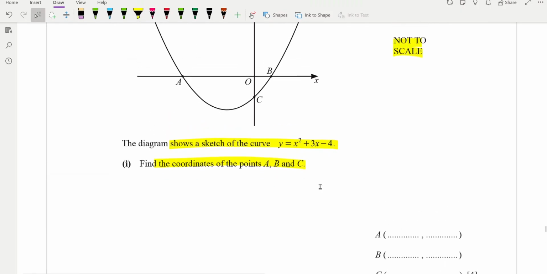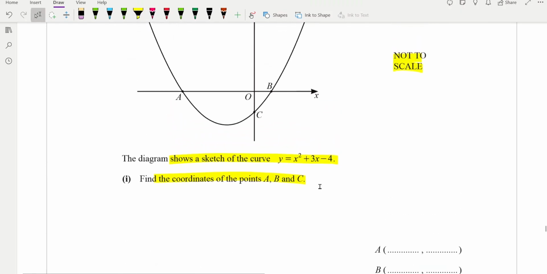So for finding coordinates, first of all for the C part we will replace x is equal to 0. For this C part, we know on the y-axis the x value is 0. So in the given equation, which is y is equal to x square plus 3x minus 4, we will put x is equal to 0.